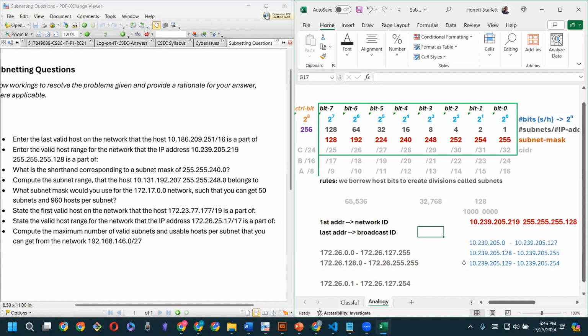So you wouldn't want to go that far. You want to use the minimum number of bits that satisfies your subnetting needs. And once you do that, whatever host bits are left over, you simply use them, because based on the question, it should still fall into place.